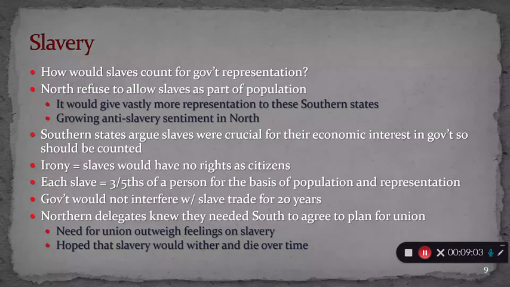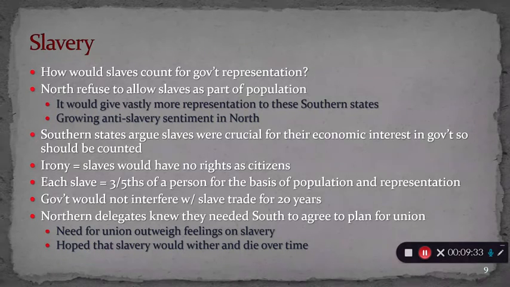So northern states say, no, we're not going to allow you to count enslaved people as part of your population. A, it would give you an inflated number of representatives in Congress. It would give you an inflated number of electoral votes, because the number of electoral votes that a state gets is equal to the number of senators and representatives that that state has.